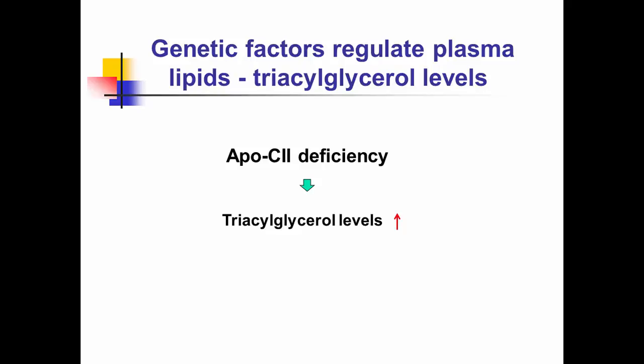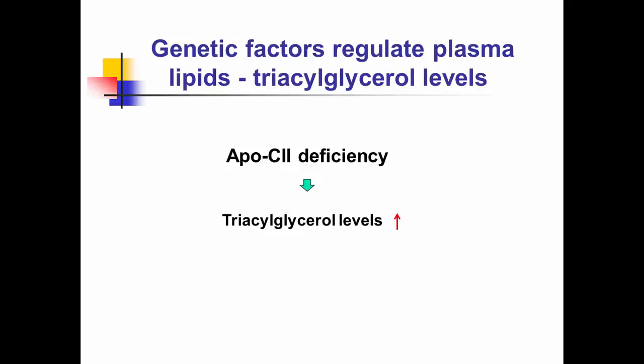And what happens to the chylomicron and VLDL levels without enough ApoC2? Same thing, because they cannot be broken down.